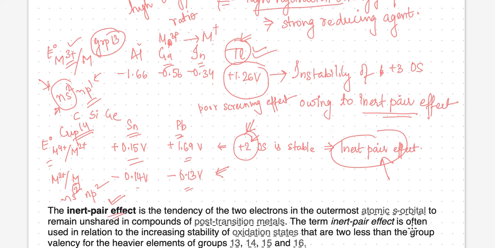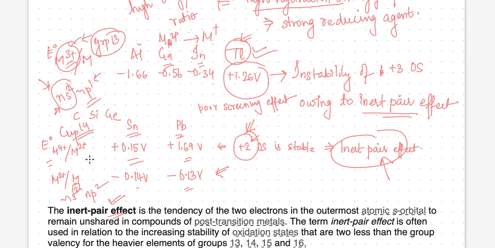The term inert pair effect is often used in relation to increasing stability of the oxidation states that are 2 less than the group valency for heavier elements. So if the group valency is +3 in the case of group 13, the increasing stability of the oxidation state that is 2 less than 3 means +1 oxidation state.